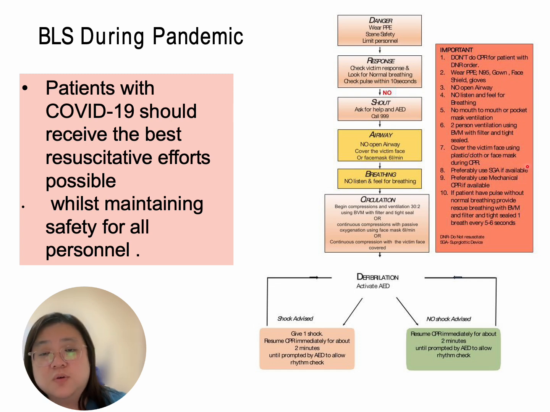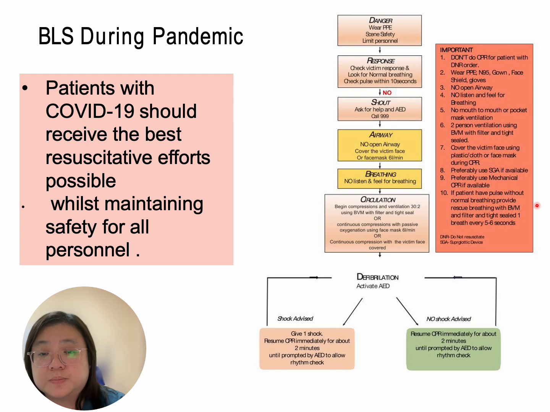If you are in a district or emergency setting, it's preferable you use a supraglottic airway device. Example is LMA if you have it. And for CPR, if you have a mechanical CPR, it's preferable to use it.